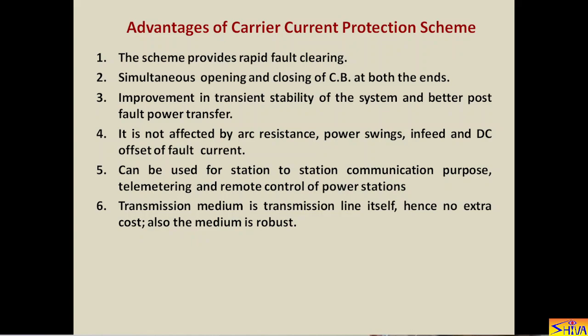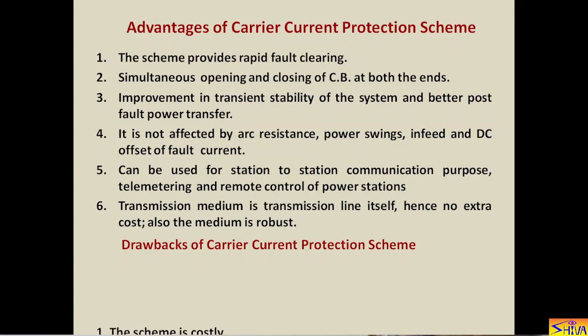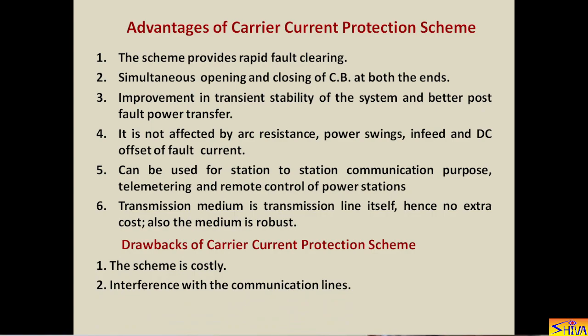Now let us see what are the drawbacks or limitations. Number one, the scheme is costly. Number two, it interferes with the communication lines. And third drawback, which is not written here, is that it does not provide the backup protection.